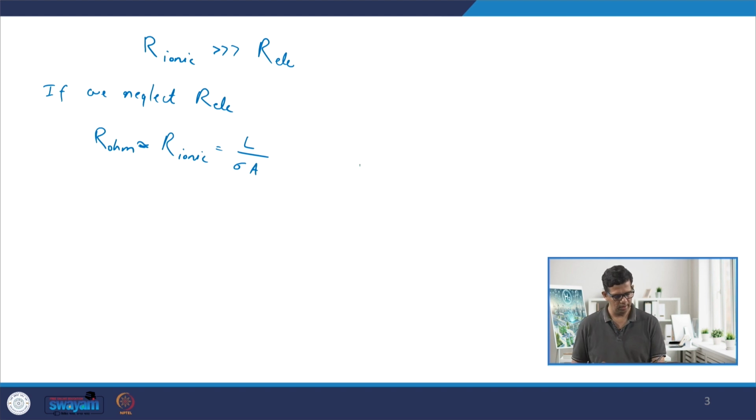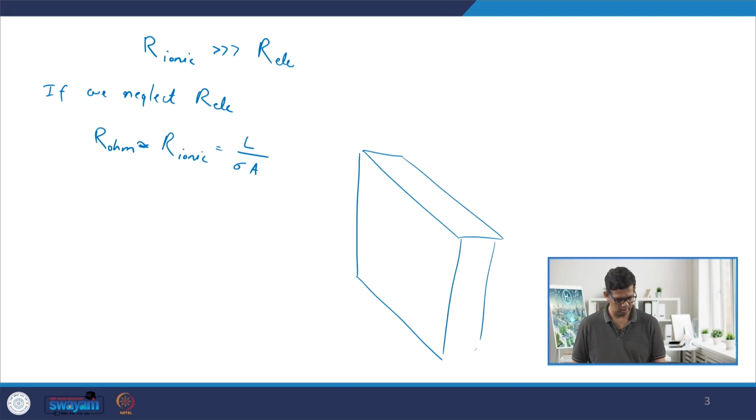So let me draw that. If you have this cell, let us say this is the electrolyte and this is the electrode. This is the area of the electrode, let us call this A. From this area the protons will be transferring normal to this area and getting onto the oxygen side in the case of a hydrogen oxygen fuel cell.